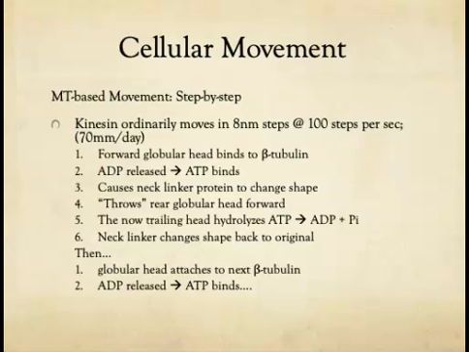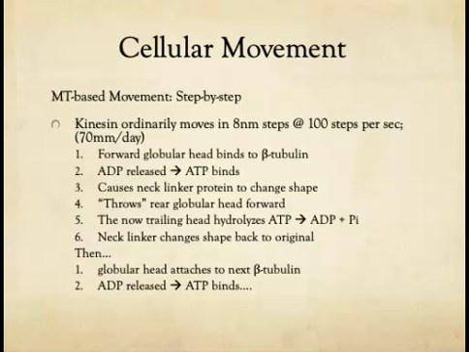Now, when that happens, there's an ADP attached at that moment. And again, this will make sense as we talk through it. The ADP will be released, and an ATP, a brand new ATP, will come in and bind.